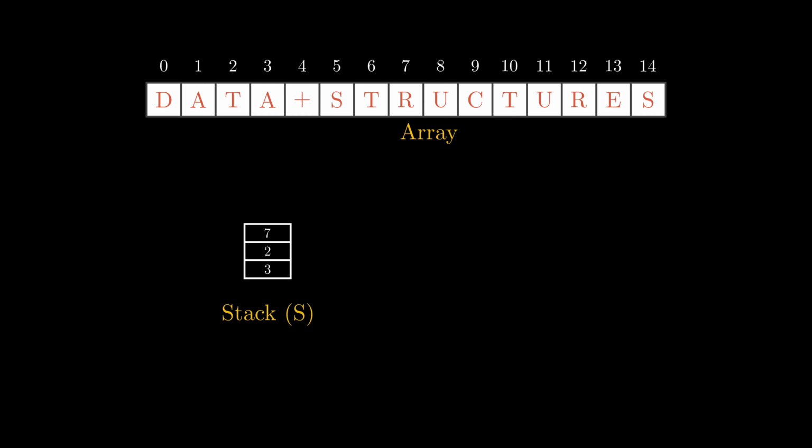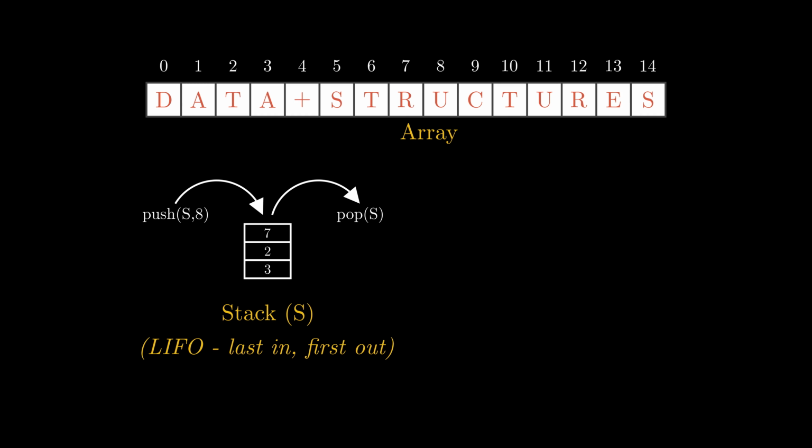A stack is a data structure that follows the philosophy that elements are added and removed from the top of the stack. The 2 main operations for a stack are the push operation, which adds a new element to the top of the stack, and the pop operation, which removes the most recently added element from the stack. This principle is known as the last in first out, LIFO principle, which is similar to stacking coins.